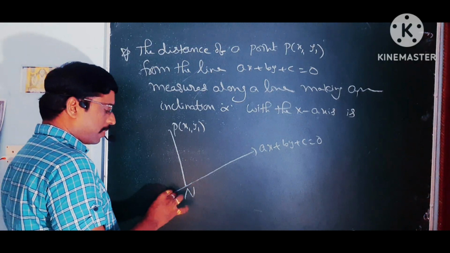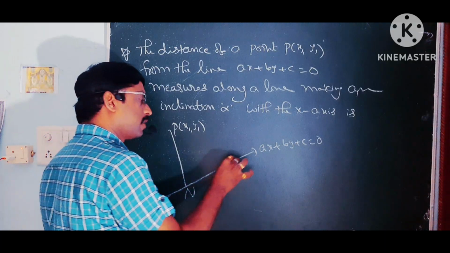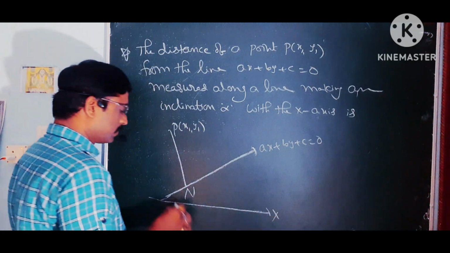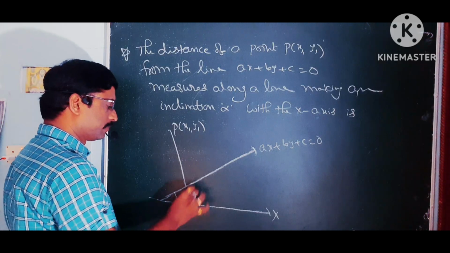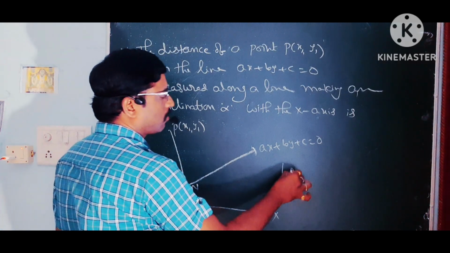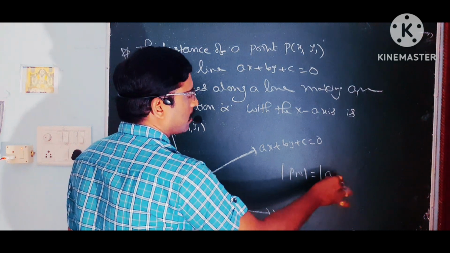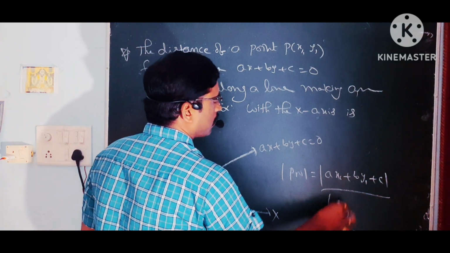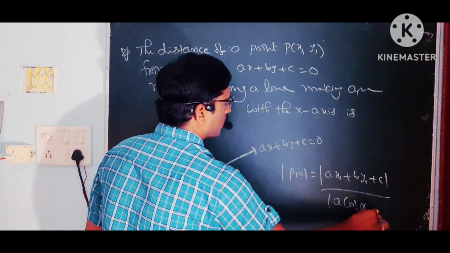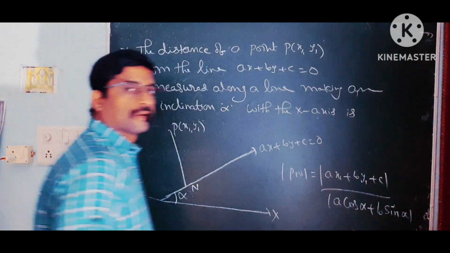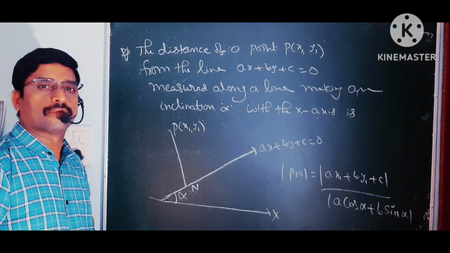This line ax plus by plus c is equal to 0 makes an angle with the x-axis, how much? Alpha. Now length of PN is equal to ax1 plus by1 plus c by a cos alpha plus b sin alpha.